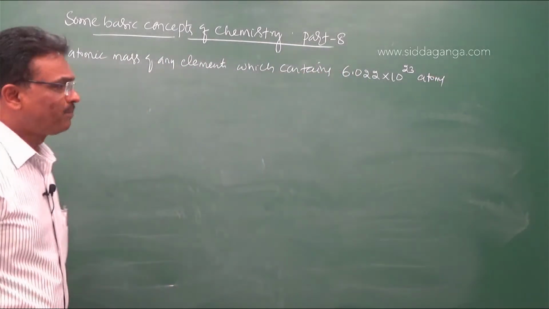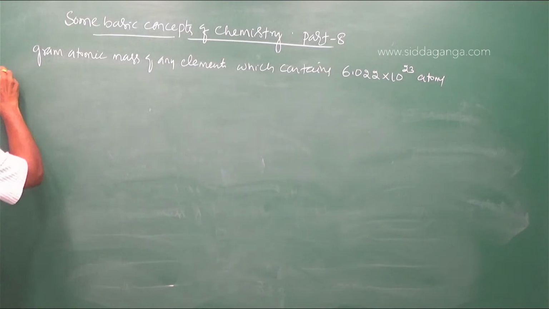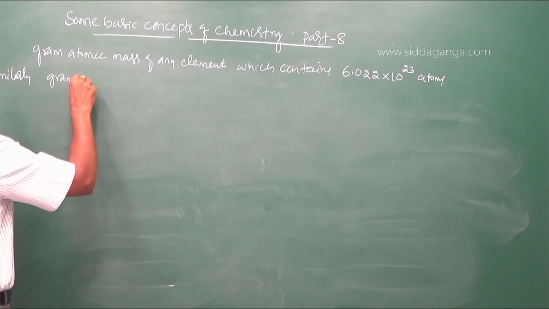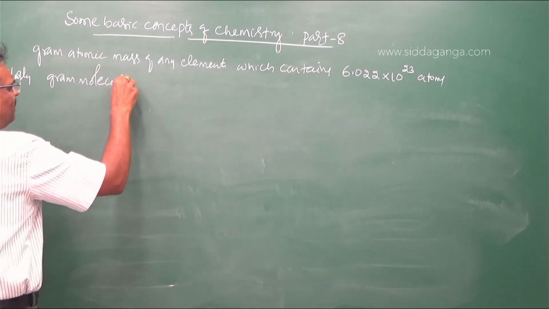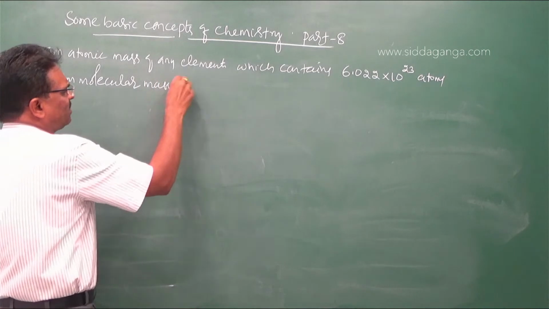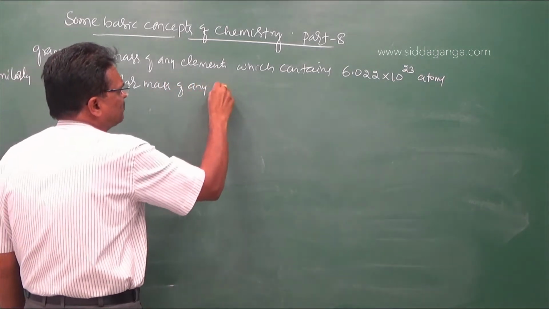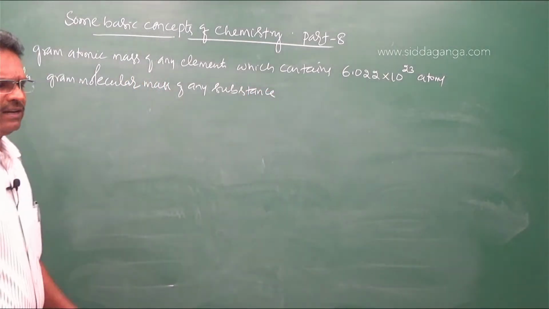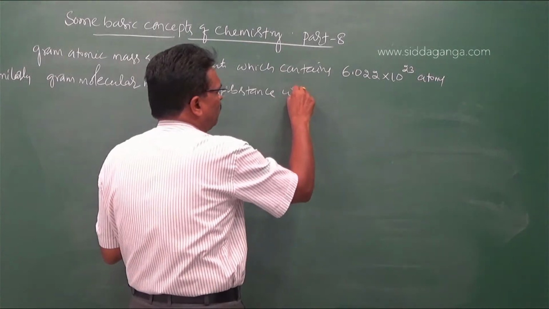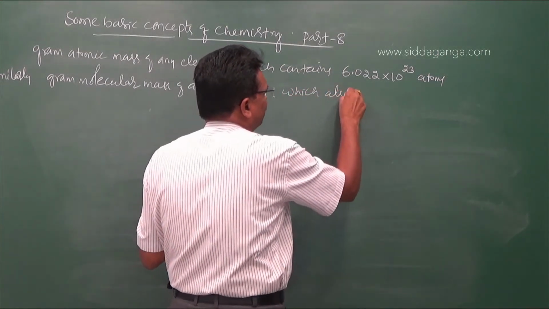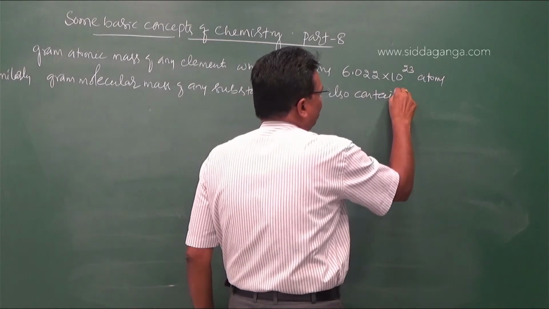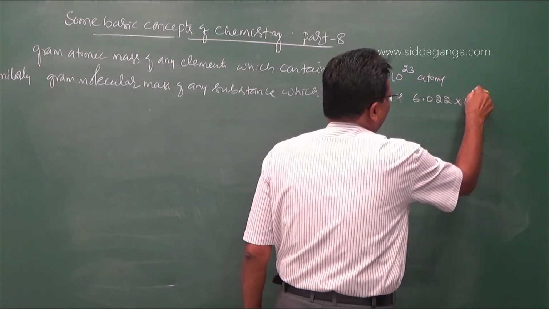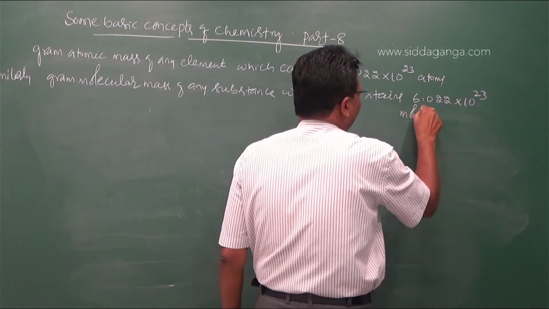This is one statement. Similarly, gram molecular mass of any substance also contains 6.022 into 10 to the power of 23 molecules.